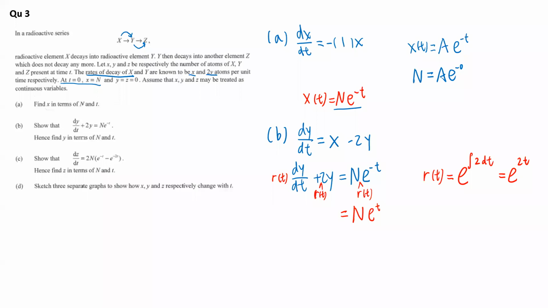Now, what about the left hand side? We find that it is e to the 2t dy/dt plus e to the 2t times 2y. So the left hand side is just d/dt of y times e to the 2t, and that equals the right hand side, N e to the t.